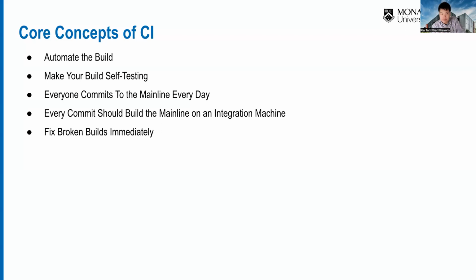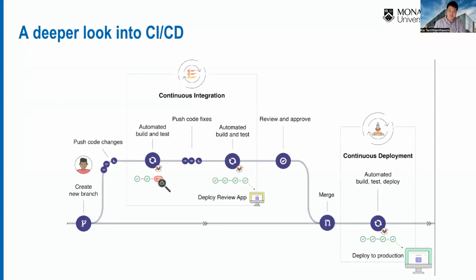Every commit should be built. The main line should be built on an integration machine. It can fix the broken build immediately as well. One commit can break the other part. If the build fails, we can fix it immediately. Otherwise, we will find surprising bugs later after we deliver the software.